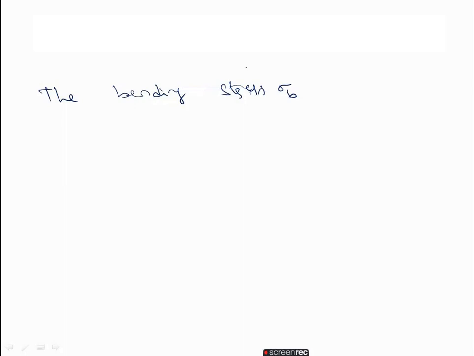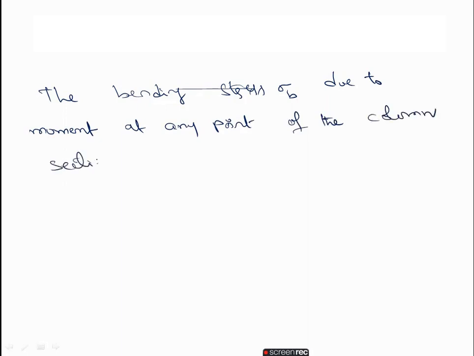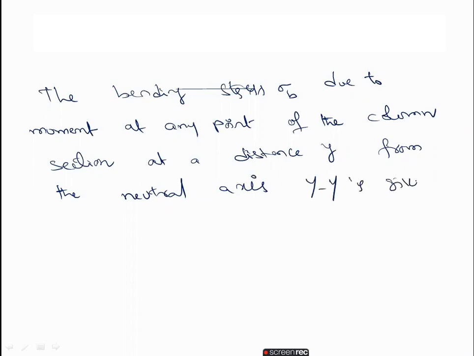I will write that the bending stress sigma B due to moment at any point of the column section at a distance y from the neutral axis yy is given by.